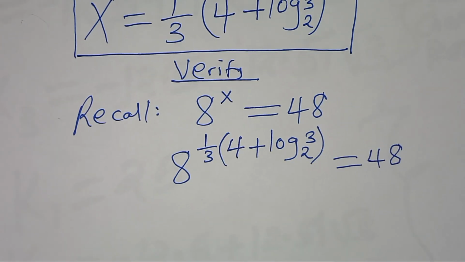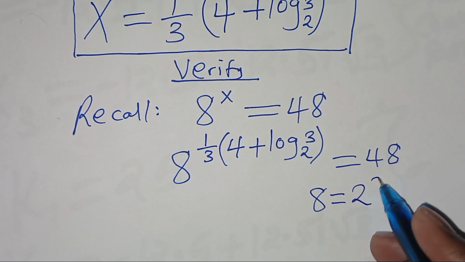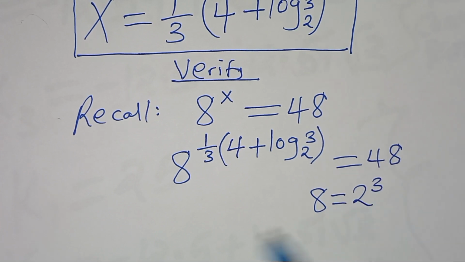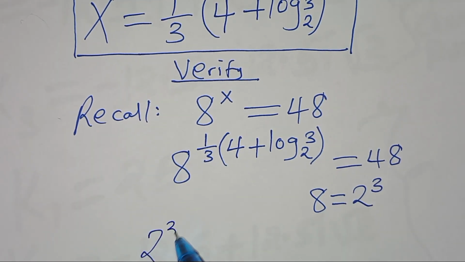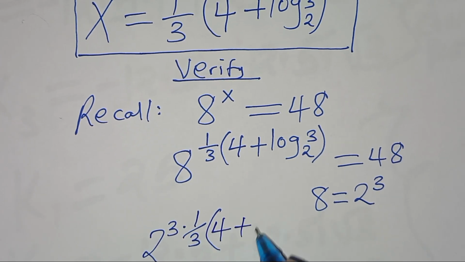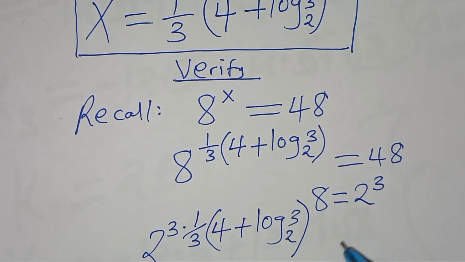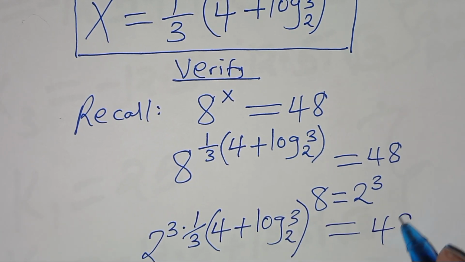The next step here, we can express 8 basically as 2 to the power 3. Substituting this, we have 2 to the power 3 multiplied by a third times the parentheses 4 plus log 3 to base 2, which should give us a value of 48.